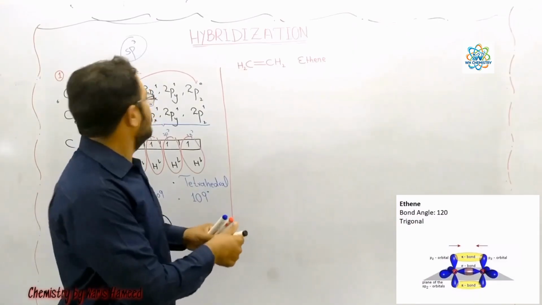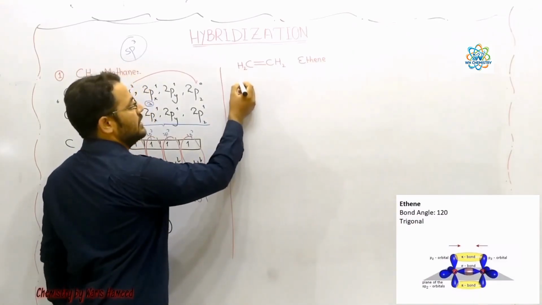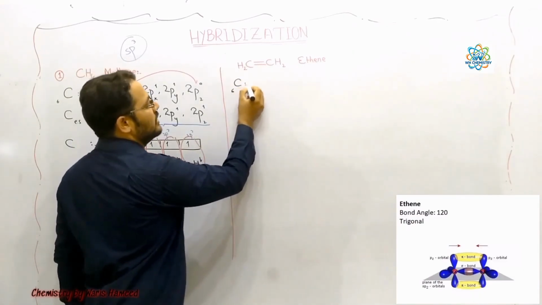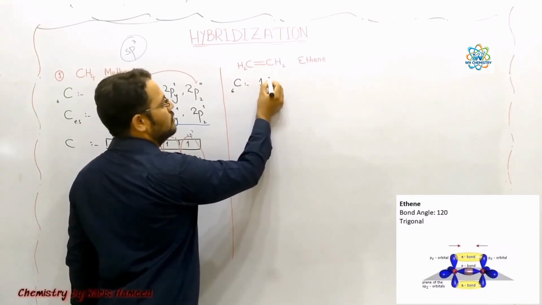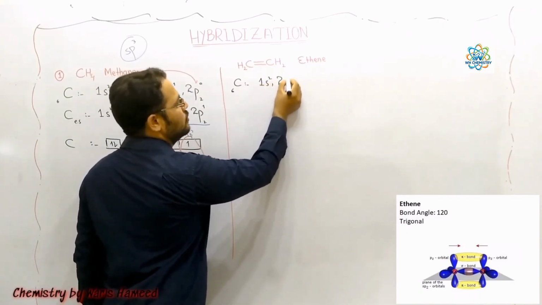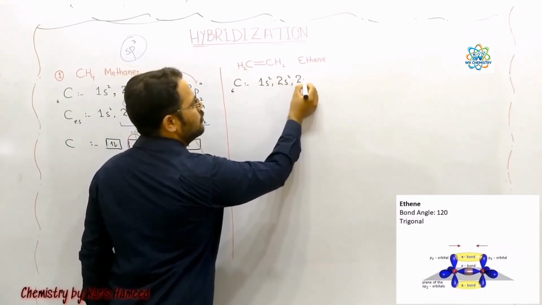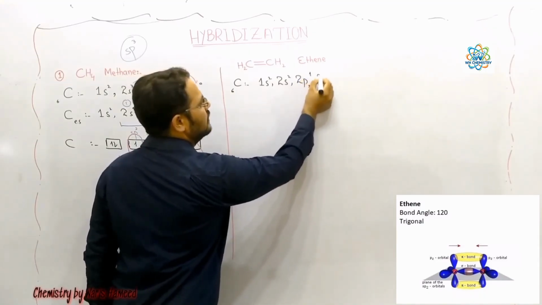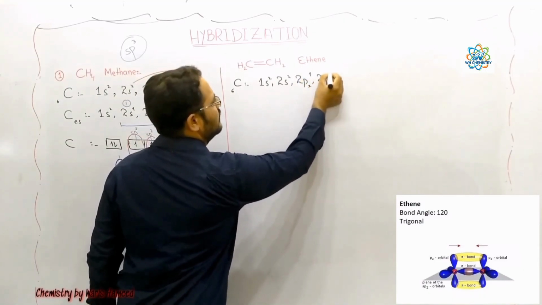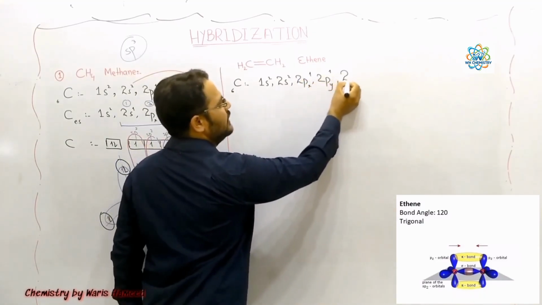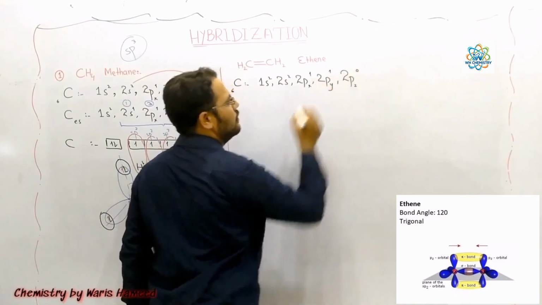Its electronic configuration at ground state is 1s2, 2s2, 2px1, 2py1 and 2pz0.